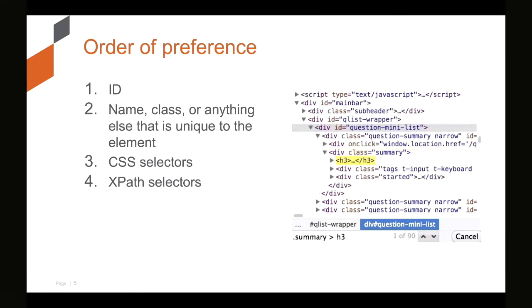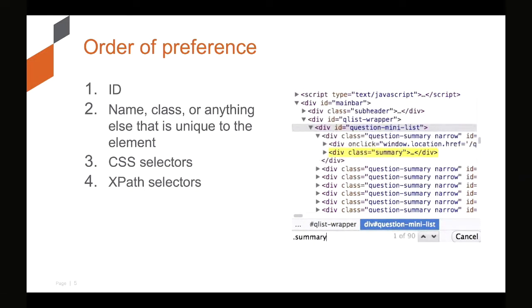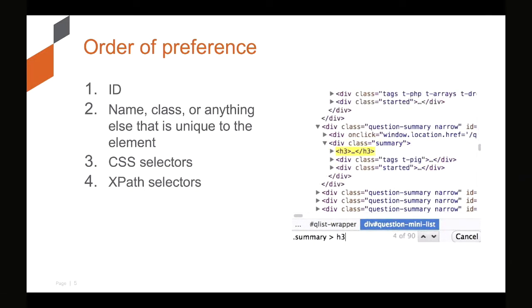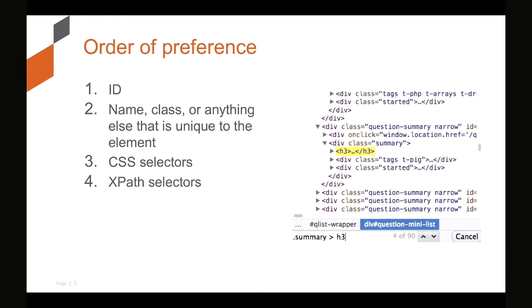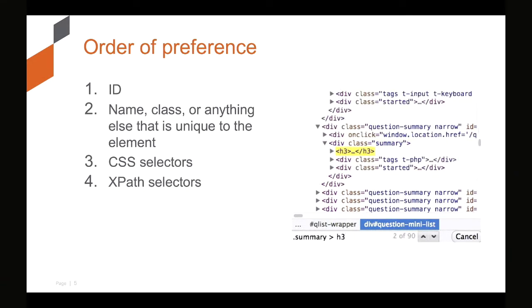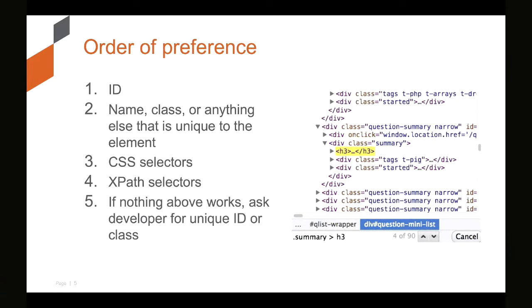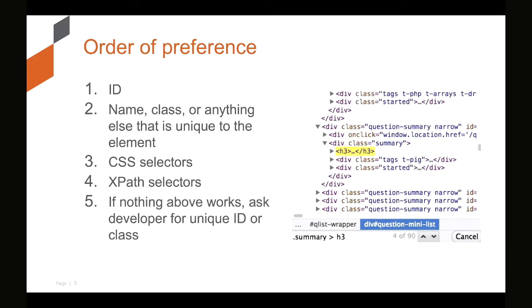The reason why we have placed CSS over XPath is something that I'll be explaining in the next slide. CSS and XPath are part of the same category because they use combinations. They're a little more complex than the first and the second one. If nothing above works, you can always ask the developer for a unique ID or a class.